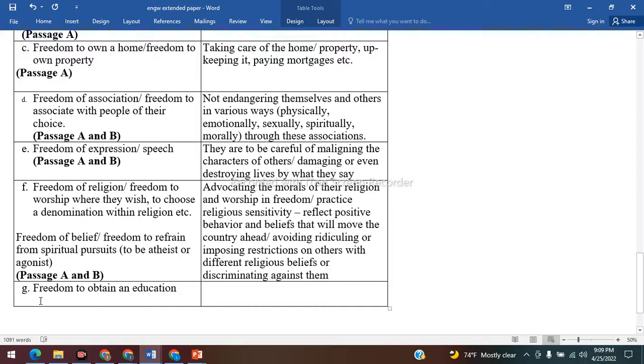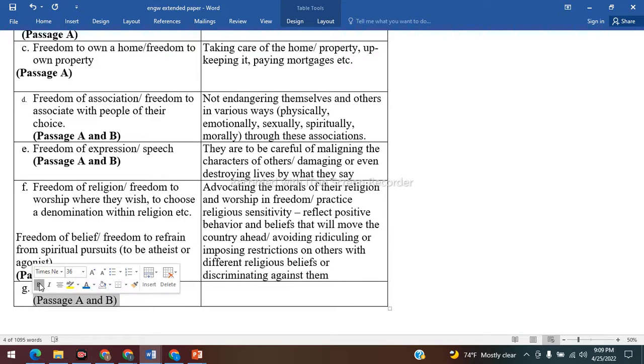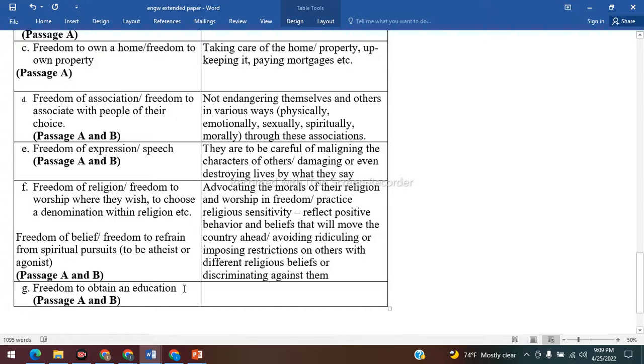That one is from passage A and passage B. I think both of them hit at that, because passage A was about the slaves and how they were caught up in that slavery thing, so they couldn't pursue the education that they wanted. And then passage B talks about how with the advancement of technology, we could have online classes, get online degrees and stuff like that.